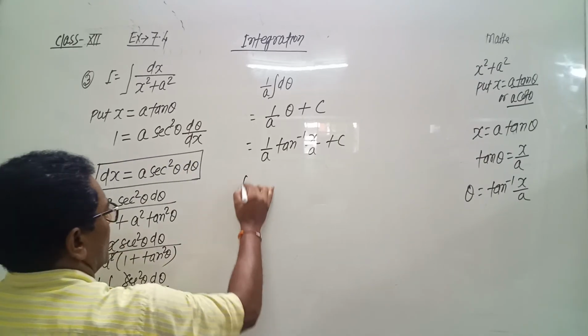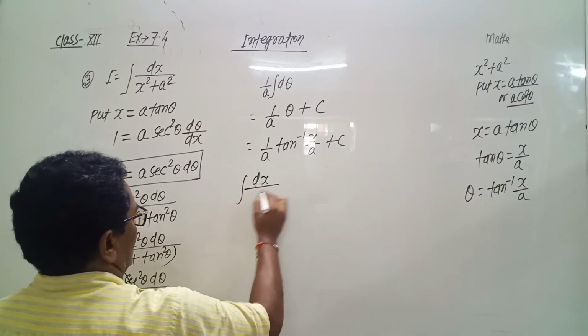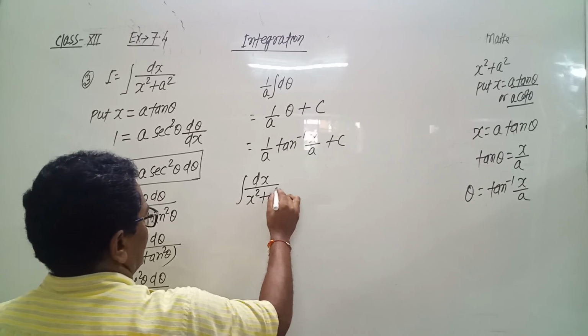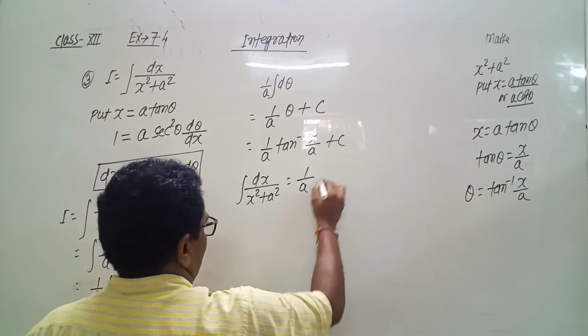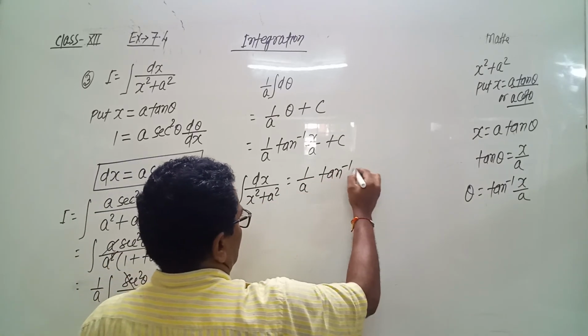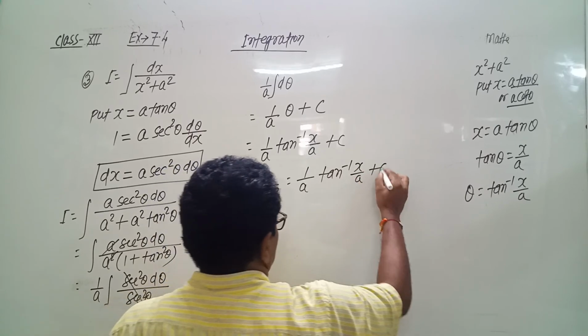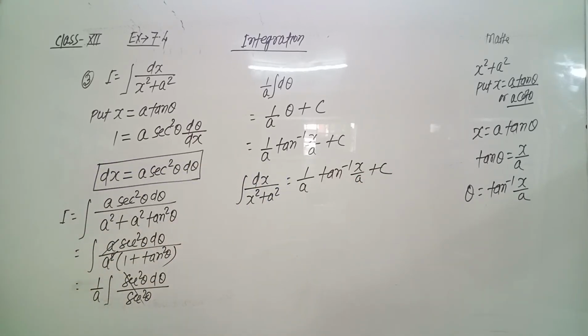So integration of dx upon x square plus a square is 1 by a tan inverse x by a plus c. This is the final result. Now the next we will discuss.